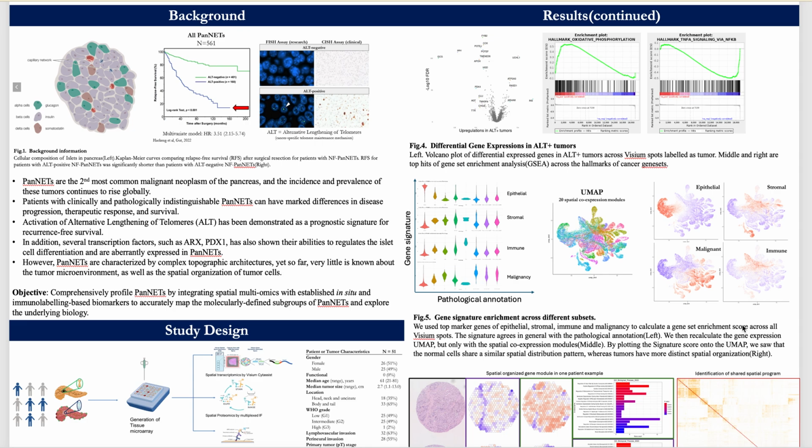By plotting the signature score on this UMAP, you can see that all the normal cells are clustered together, showing this epithelial signature. Stromal is a little bit sparse, but still overall integrated together. Immune is concentrated in one small subset of all Visium spots, and malignant seems to have a lot of distinct patterns of organization just based on this UMAP.